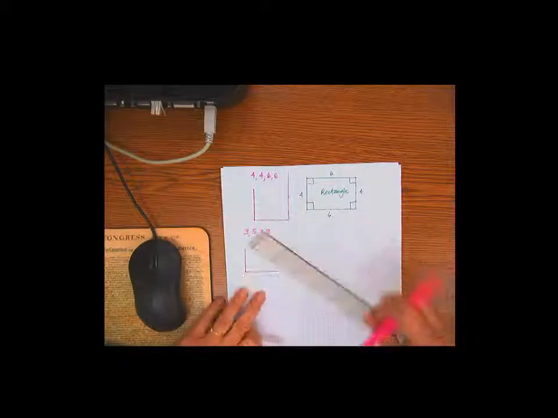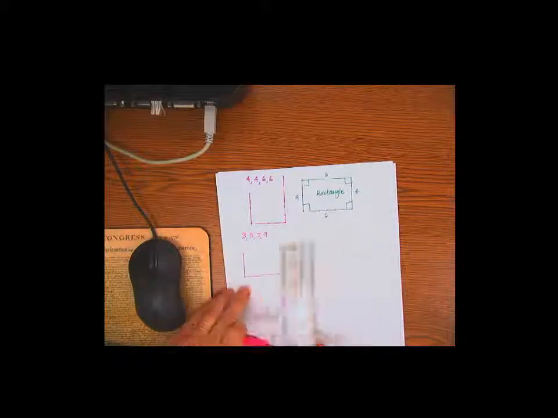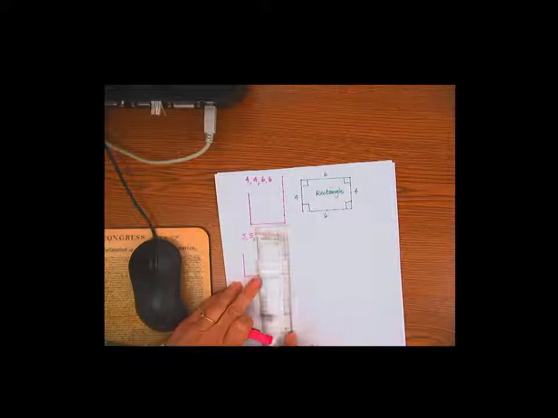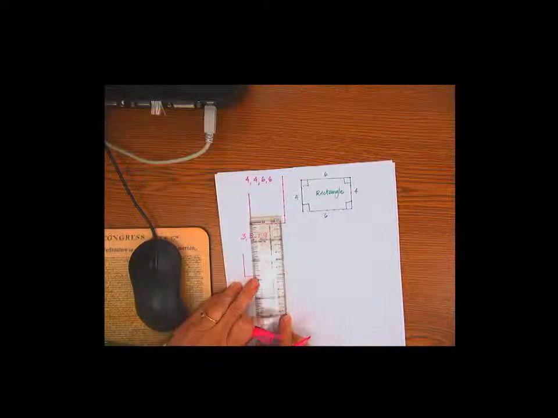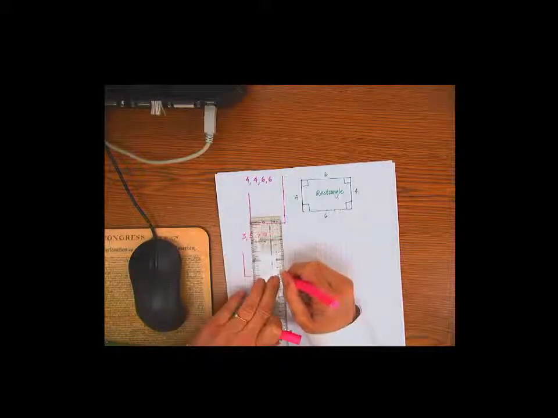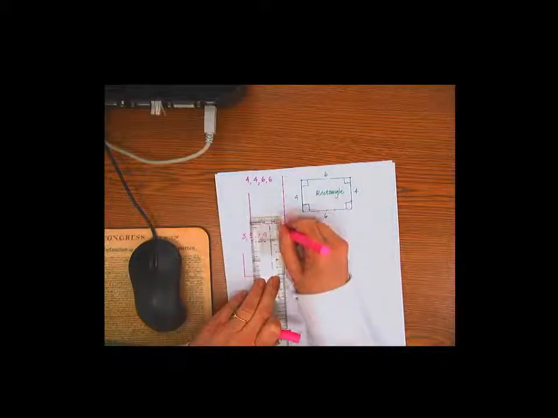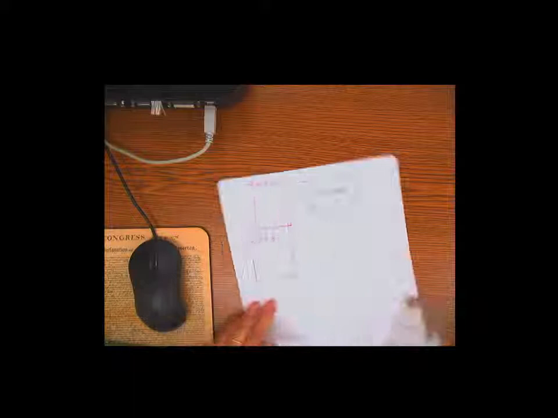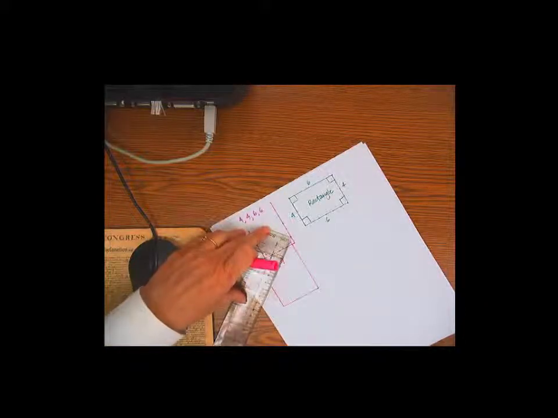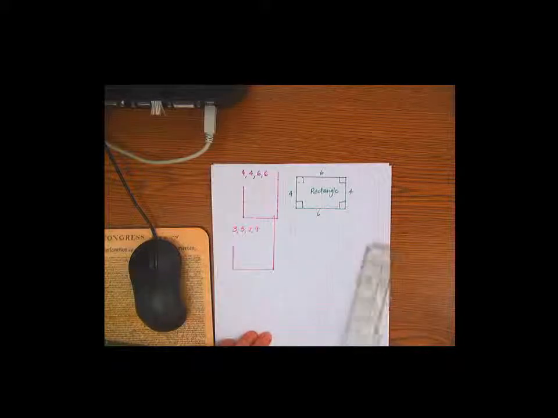I'm going to do 9. Actually, I'm going to do the 7 just because I'm running out of space here and I'm going to run over this other one. So here's my 7. Now let's see if this will work. No, it doesn't. So these don't connect that way.